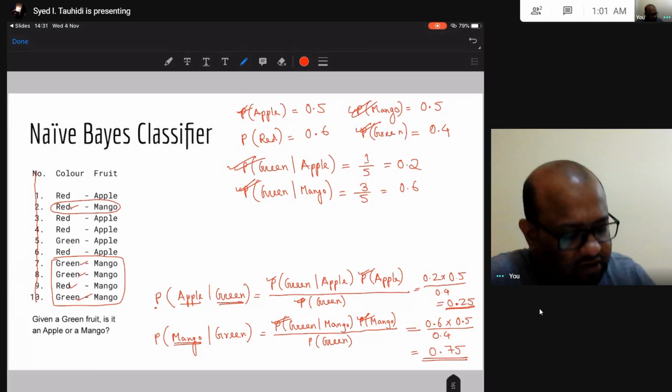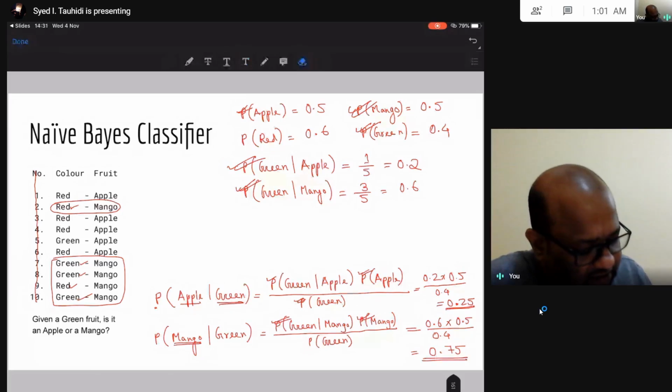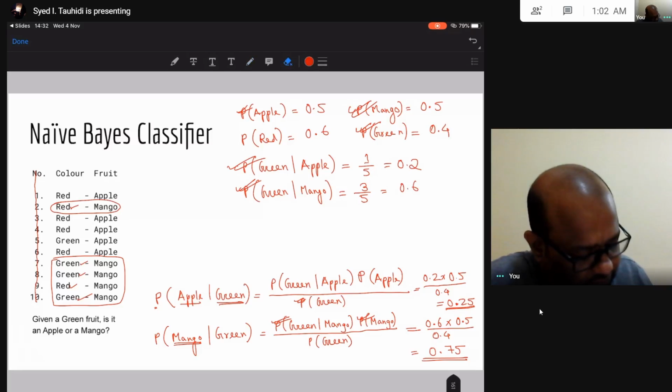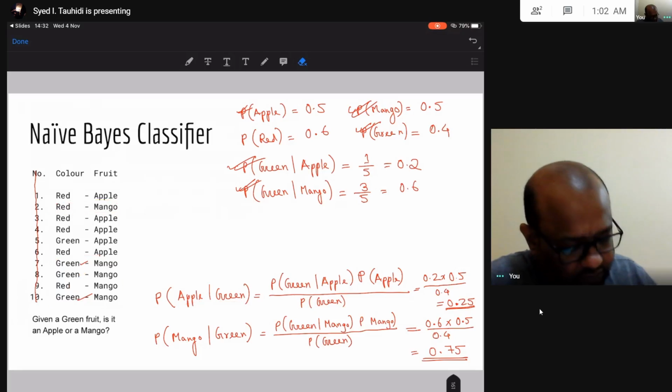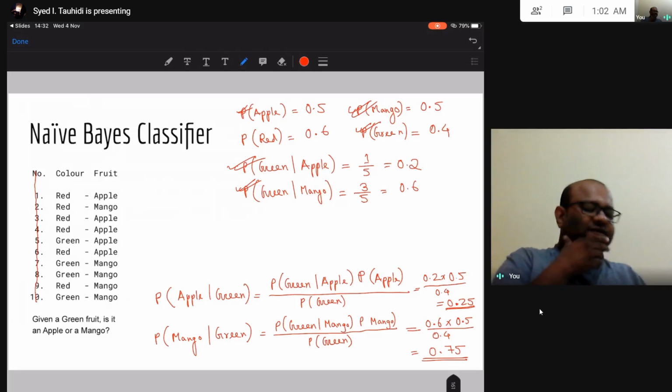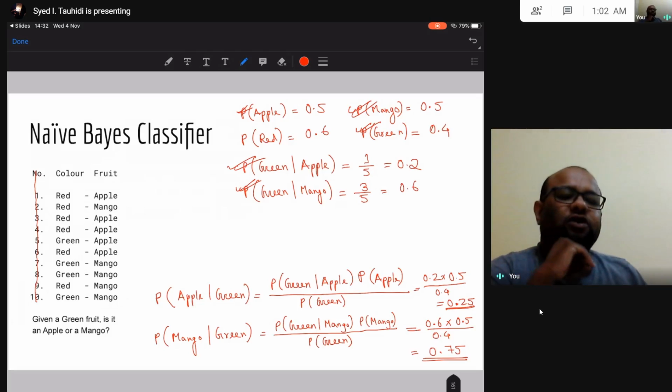So, given a green fruit, hold on. Given a green fruit, is it an apple or a mango?